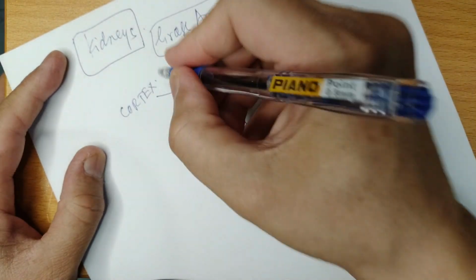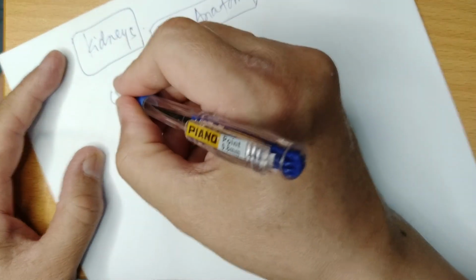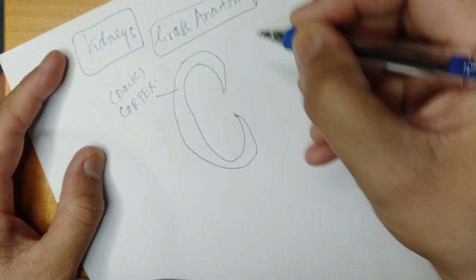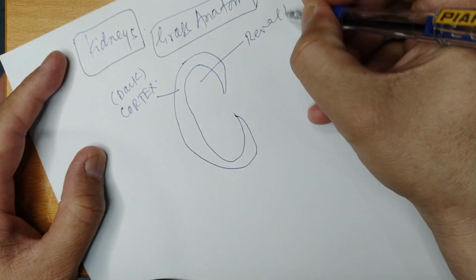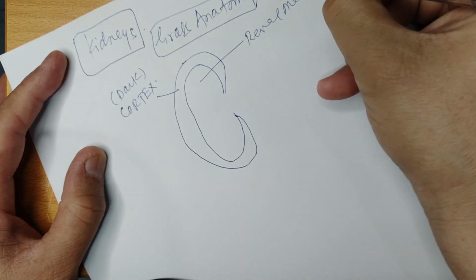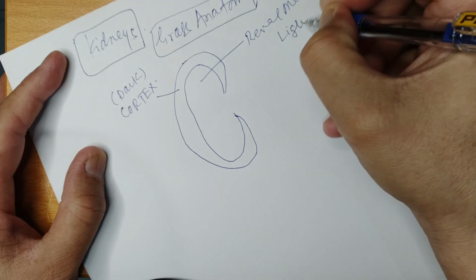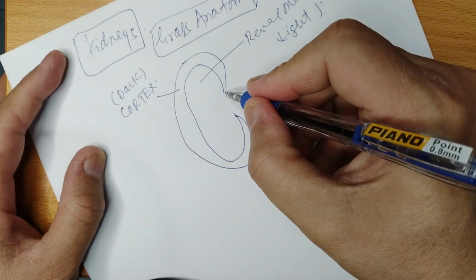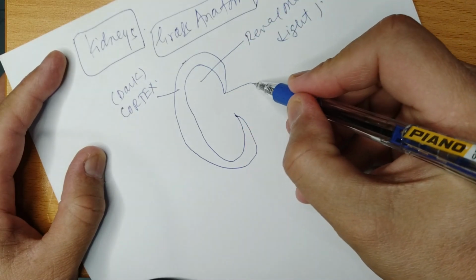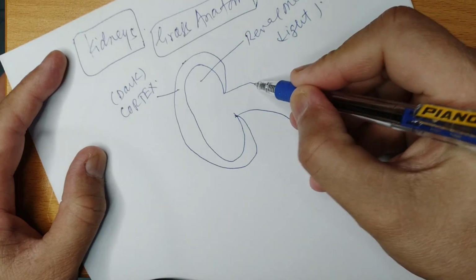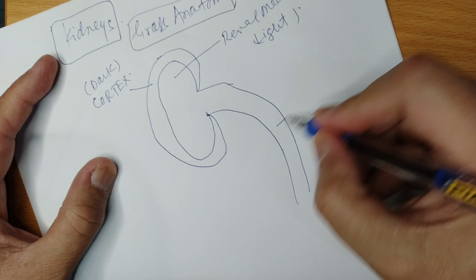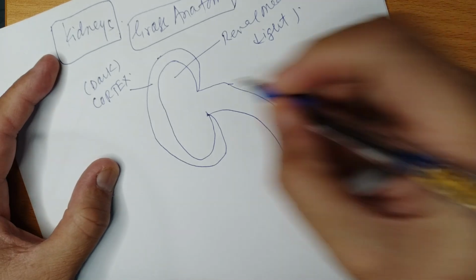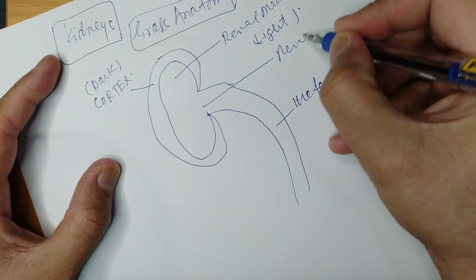And the inner one, the lighter portion, is the renal medulla. So here is the renal pelvis and ureter. This is the ureter. This is the renal pelvis.